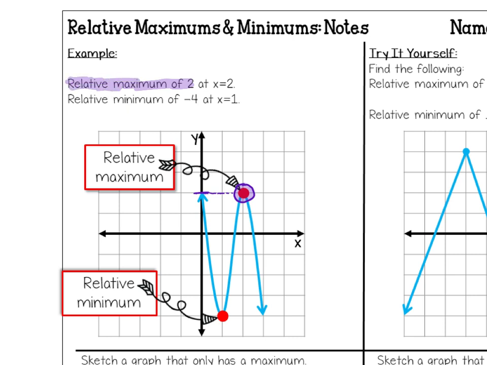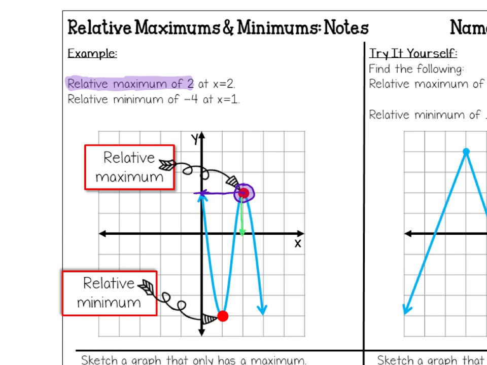But the other part of the definition is saying where that's at. So I've got a y value at 2, but at 2, where's my x value? So I want to go to my y value first and find out how high it is right here. And then I'm going to go to my x value.